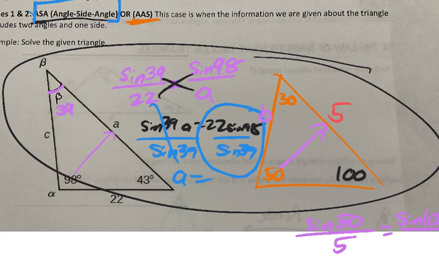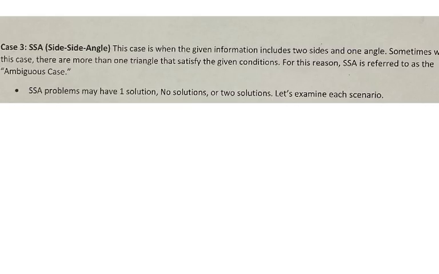Let me name this one B. Let's call this one C. See how this is very similar in the process. It's going to be cross multiply, divide by sine 50, and whatever I get will give me the first side. Now, how can I find the last side? I'd have to do the law of sines again with sine 30 over C as my other ratio. And again, we'll talk about that later. But you see how those are similar.